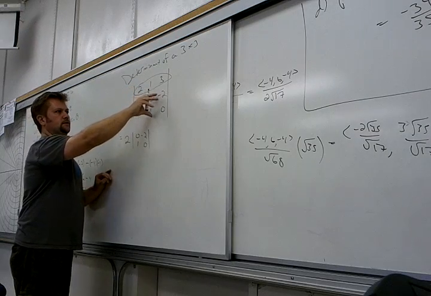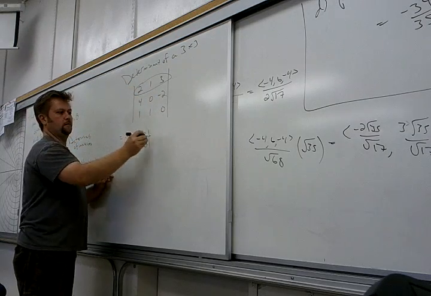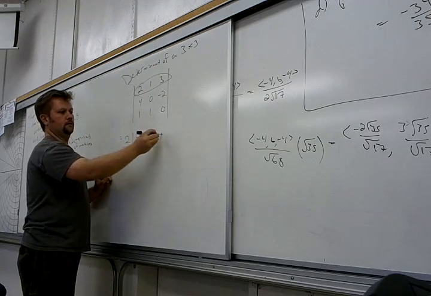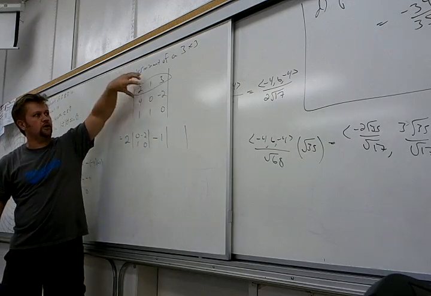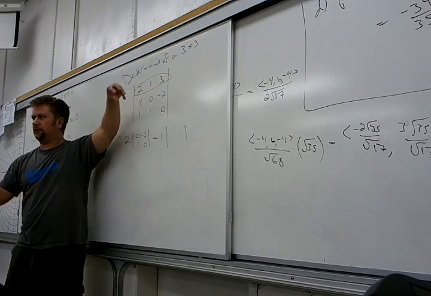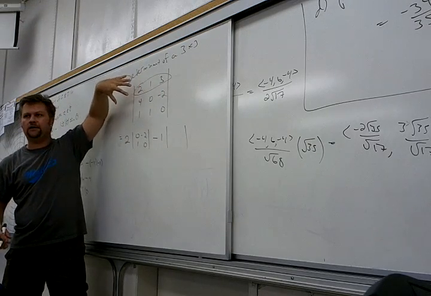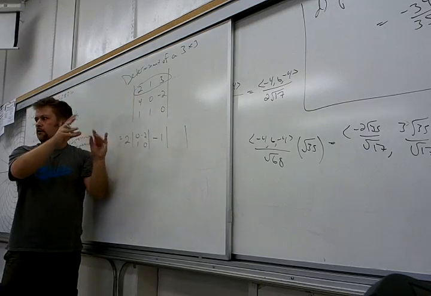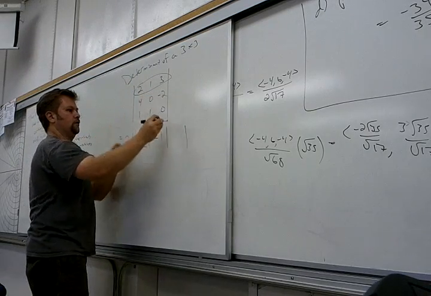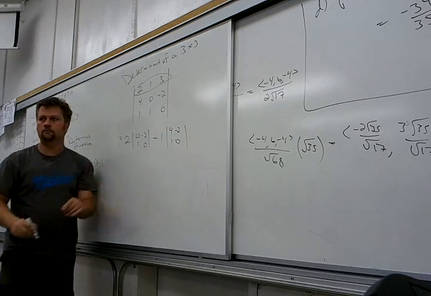So 2 times this determinant minus 1. Now what's 1 across from? See how 2 is across from this determinant? Here's where it gets a little freaky. 1 is not across from any determinant. It's across from these 2 things. So 1 times 4, negative 2, 1, 0.